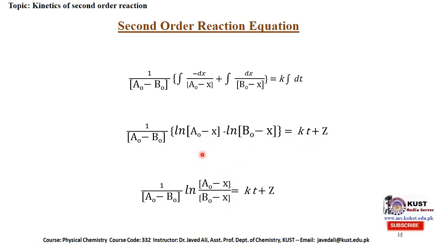So we can rearrange this equation and write it as 1 divided by (a₀ − b₀) log of (a₀ − x) divided by (b₀ − x) is equal to kt plus z, where z is the integration constant.